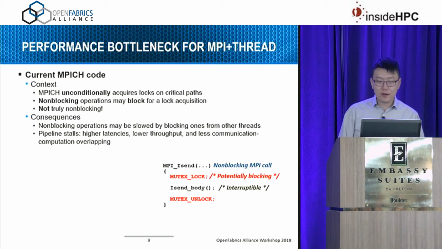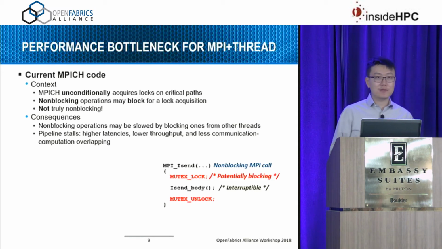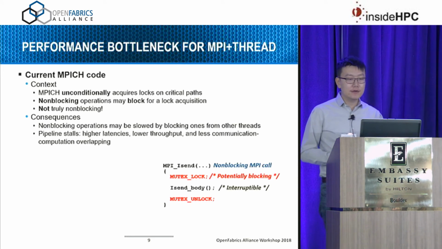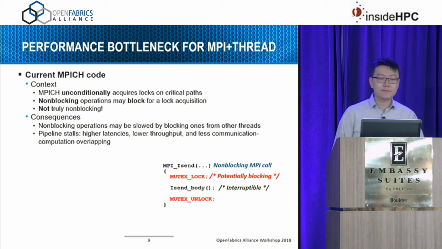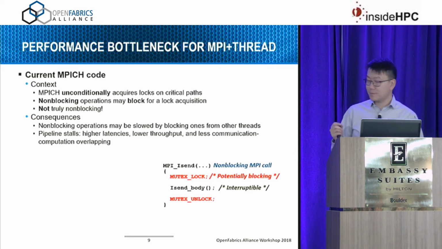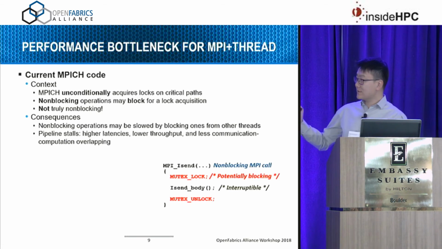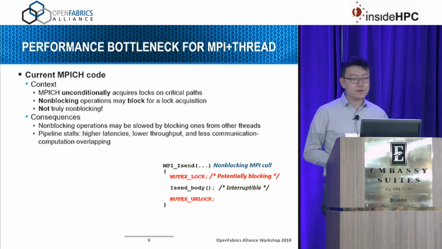Right now, whenever the user application calls an MPI function, we have to acquire a lock in order to go into the actual critical section that does the communication, issuing the message, and or polling the progress. If you look at this MPI_Isend implementation, this is very simplified, but what the function does is try to get a lock and call the device function to send the message.